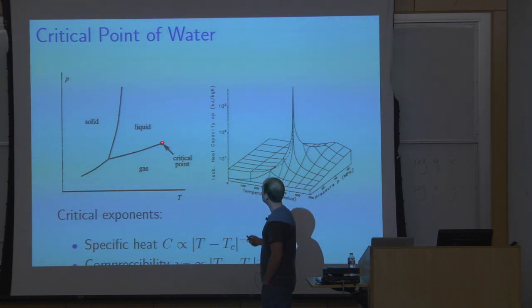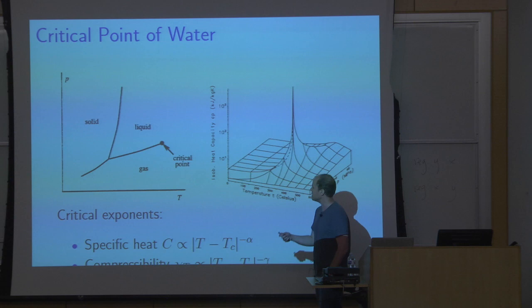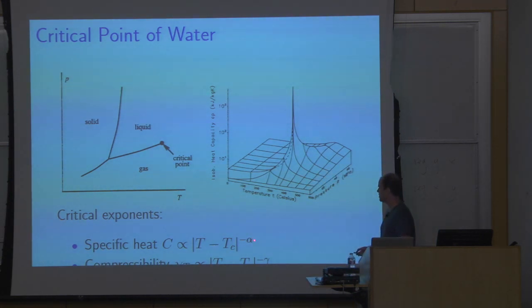So there's this funny point where the distinction between the liquid and the gas disappears. And at this point, you can make measurements of various quantities in water. So one thing you can measure is the specific heat, which is the response of the material to a change in temperature. And so this is natural to measure in both the magnet and water. And it displays some funny power law in the case of water near the critical point. And another thing that you can measure is the compressibility. So sorry that this line hasn't made it on the slide, but you can guess what it says.